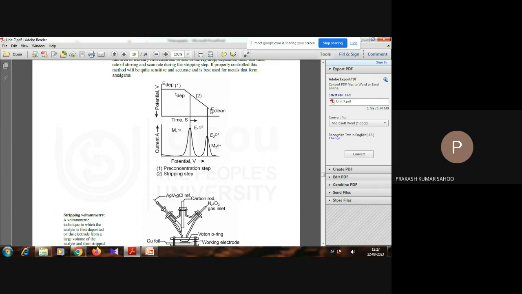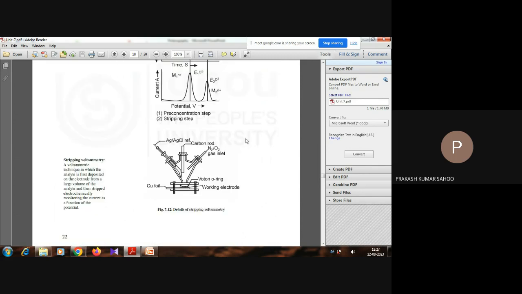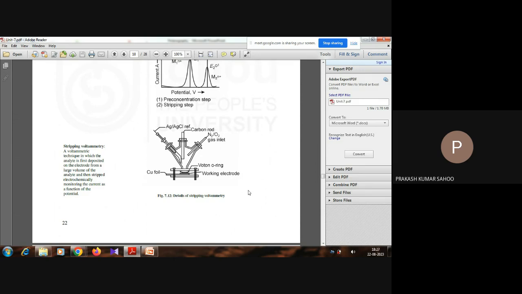This is the removal, or this is E clean, where this is the potential and this is the current, and we have the current-potential as well as the potential-time graph here. And this is the instrumentation of stripping voltammetry.